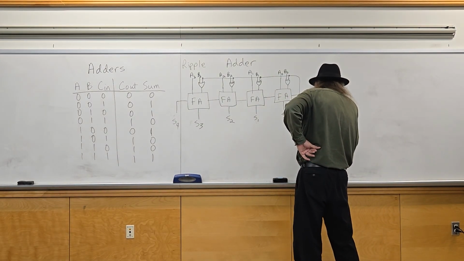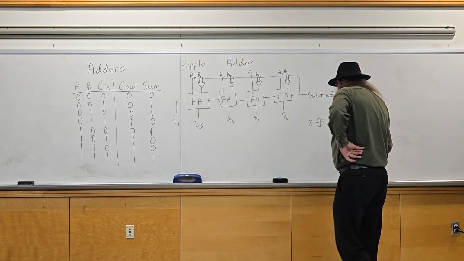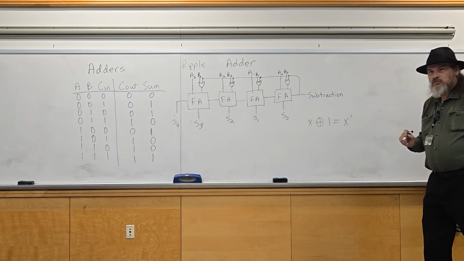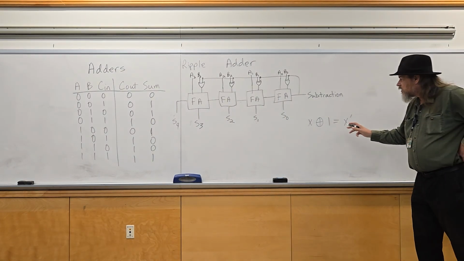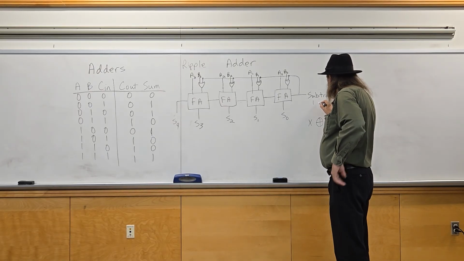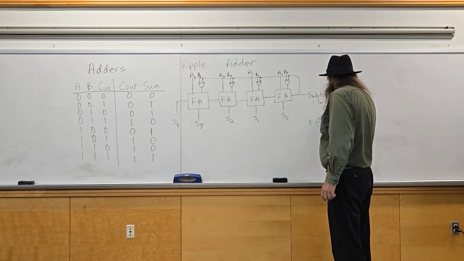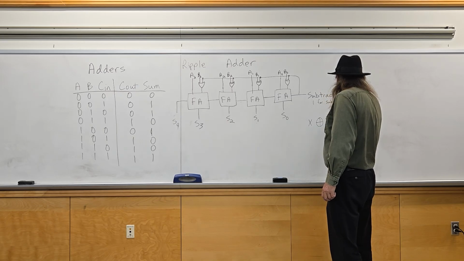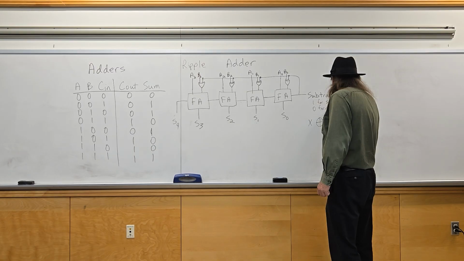X XOR with 1 equals X prime. I think I remember putting that on the board at some point. So if this is 1 for subtraction, 0 for addition.